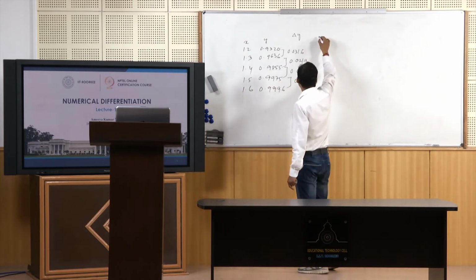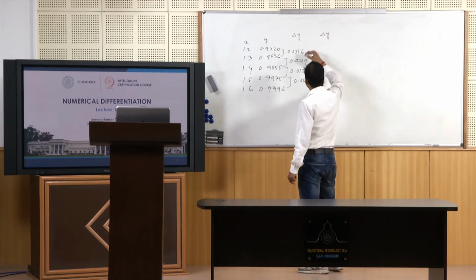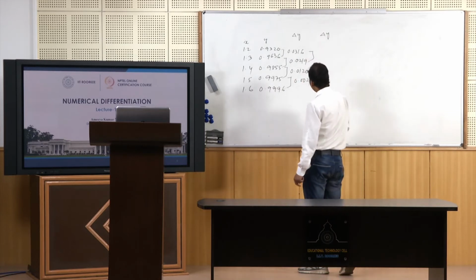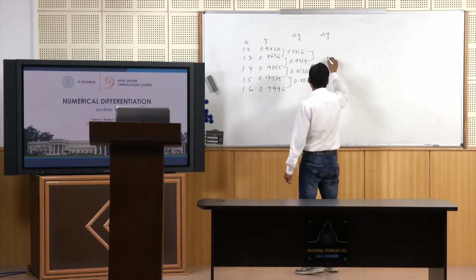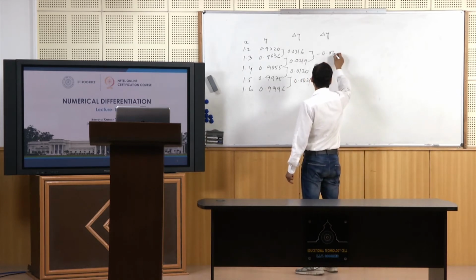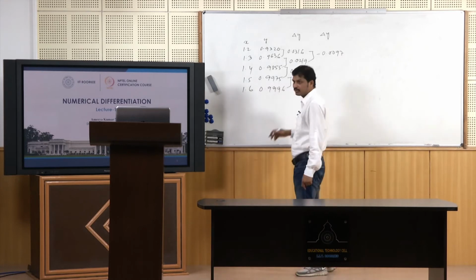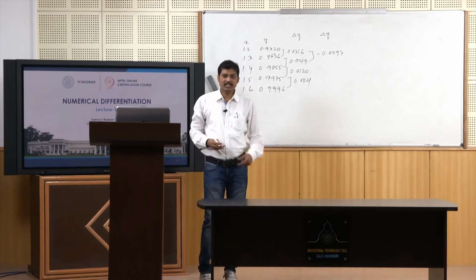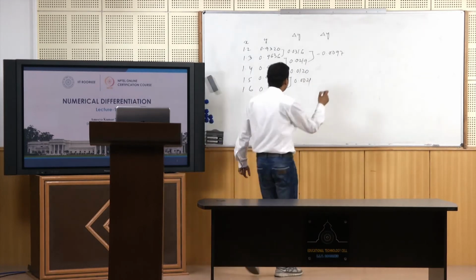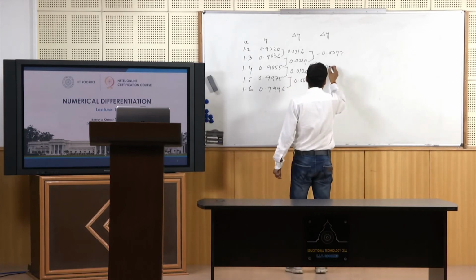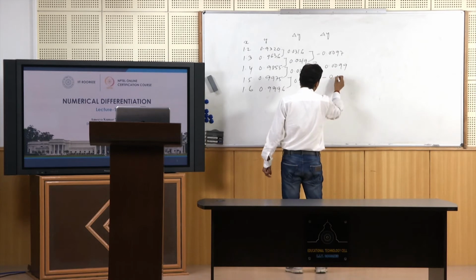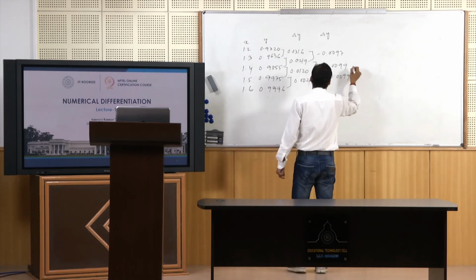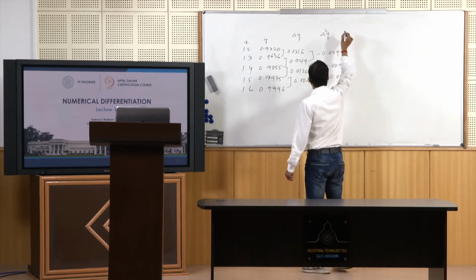Then the second differences can be written as minus 0.0097 first, then minus 0.0099, and then minus 0.0099. Sorry, this is del square.